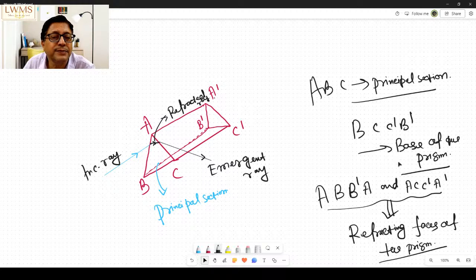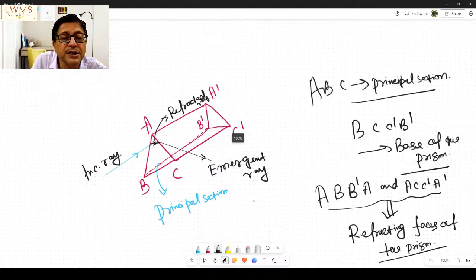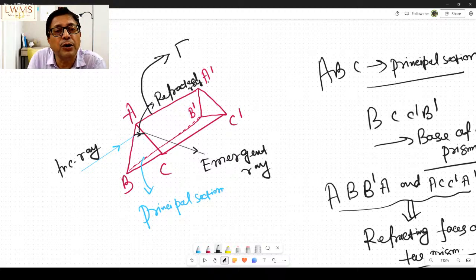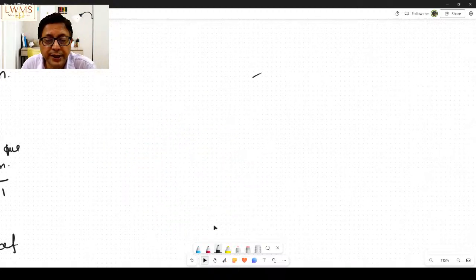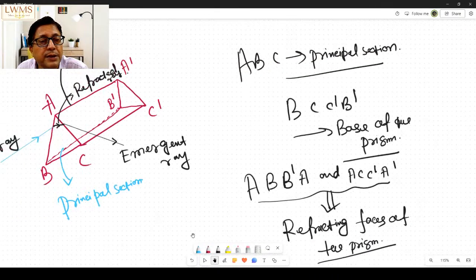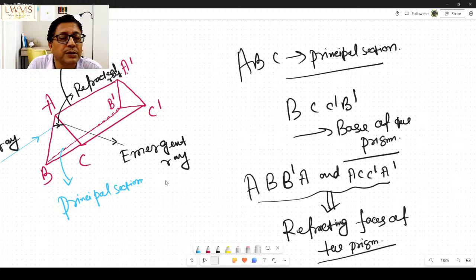So you understand? Two refracting faces are there, and this edge where two refracting surfaces meet, that is called the edge of the prism. Okay? This portion is called the edge of the prism.